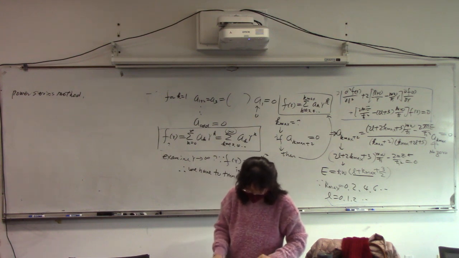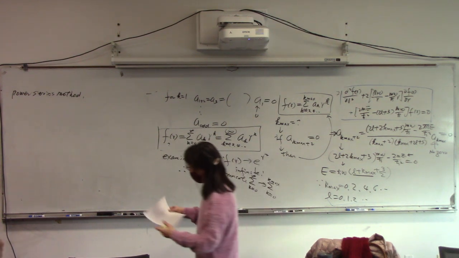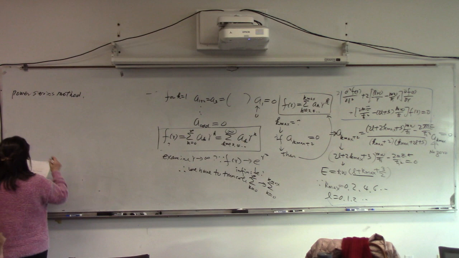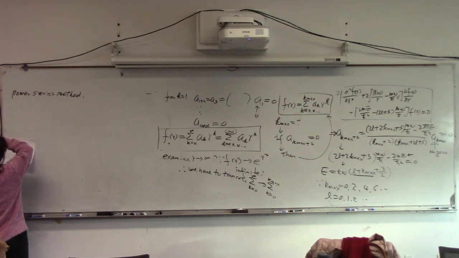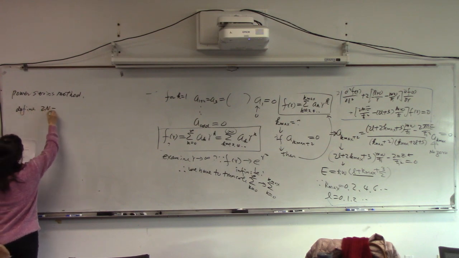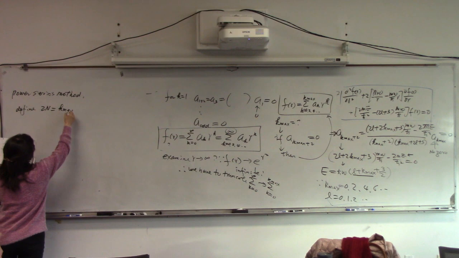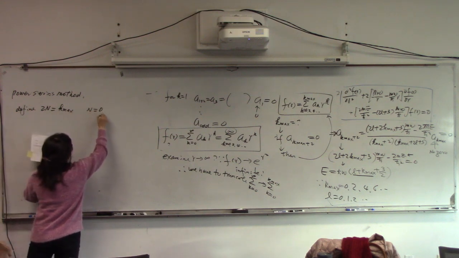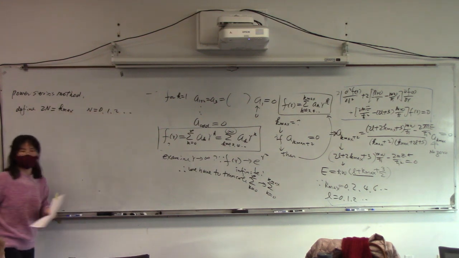So now let's summarize. Define 2n equal to k max, because k max is even, right? So n can be 0, 1, 2, all the numbers.